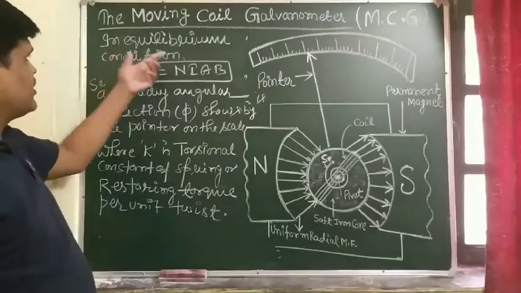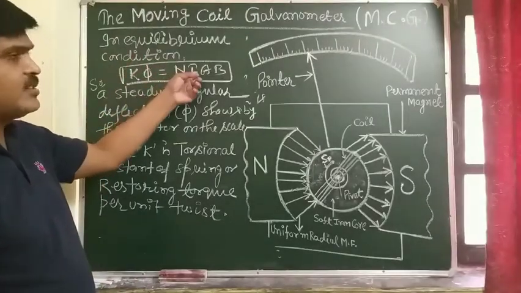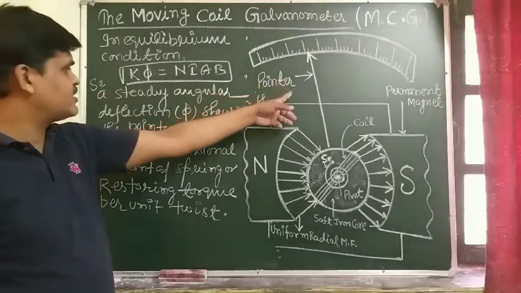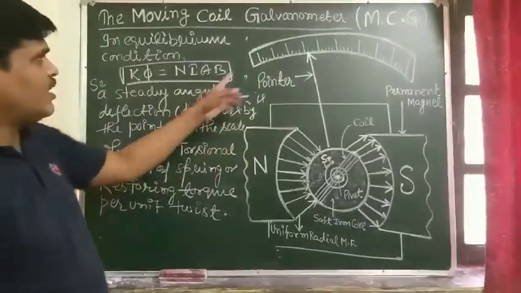So in equilibrium condition, the restoring torque balances the magnetic torque, and a steady angular deflection is shown by the pointer on the scale.